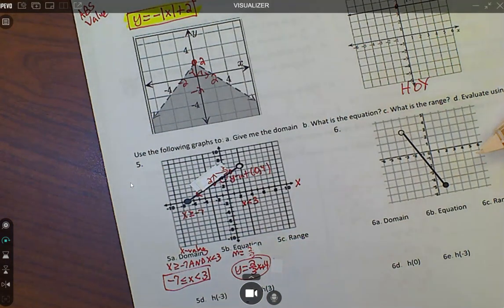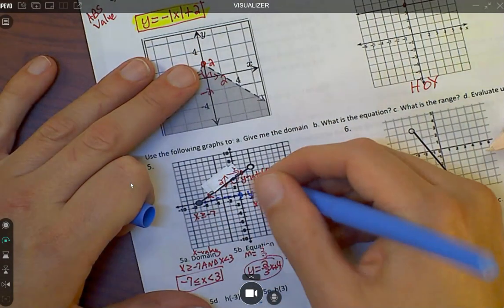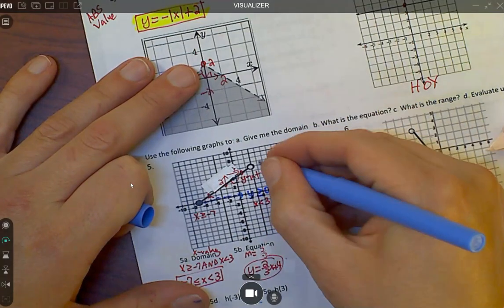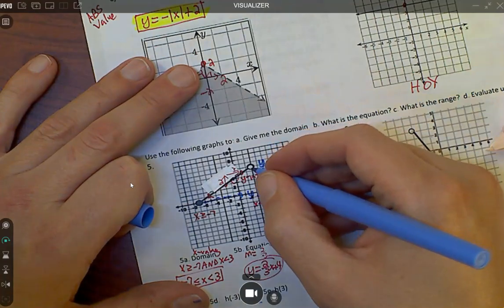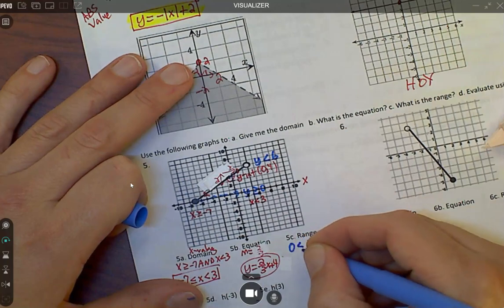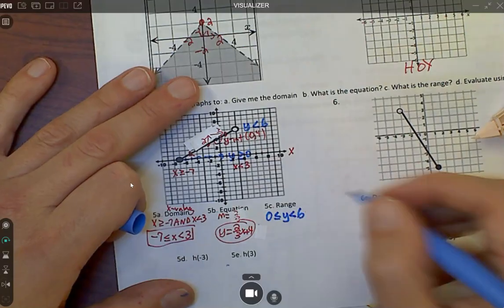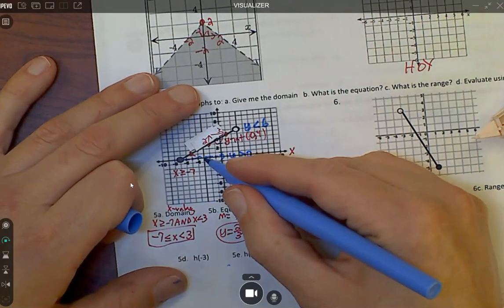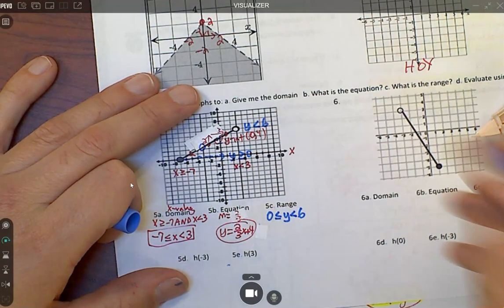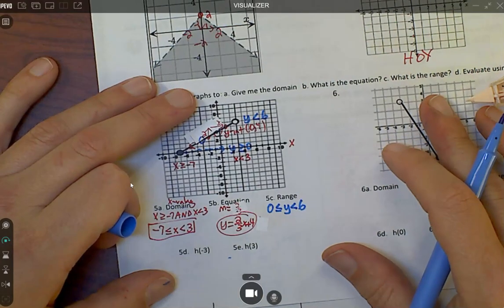Okay, the range. Y is greater than or equal to 0. Y is less than 6. So the range goes from 0, it can be 0, and then it can't be 6. H of negative 3, whoopsie. 2.5.